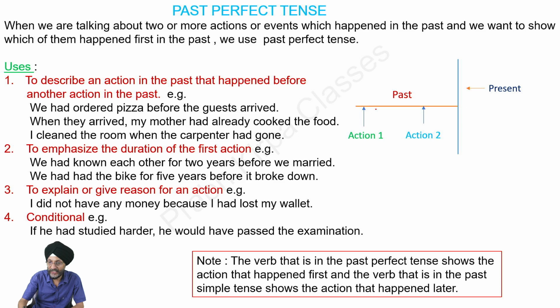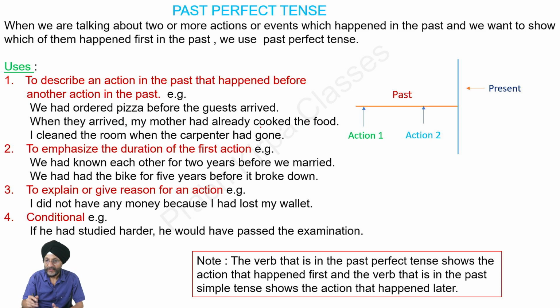So for action number 1, which had happened earlier, we have to use past perfect tense, and for action number 2, which has happened later on, we have to use past simple tense. Next, when they arrived, my mother had already cooked the food.